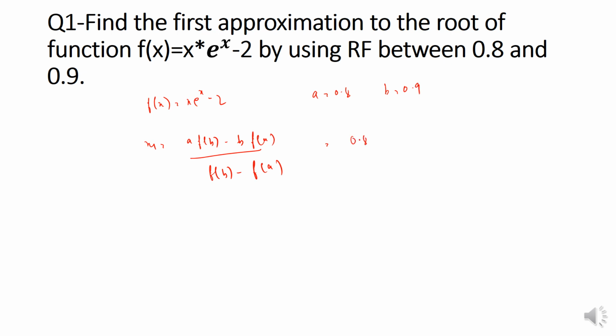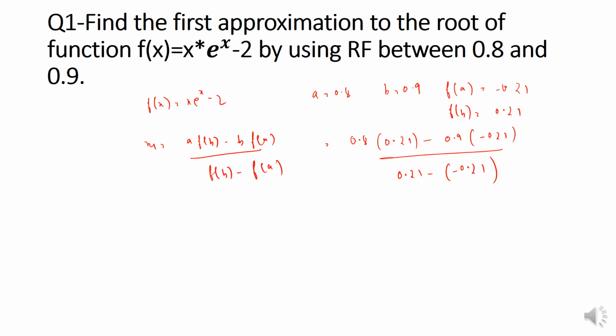This is 0.8 into f of b, which is 0.21, minus 0.9 into f of a, which is minus 0.21, by 0.21 minus of minus 0.21.